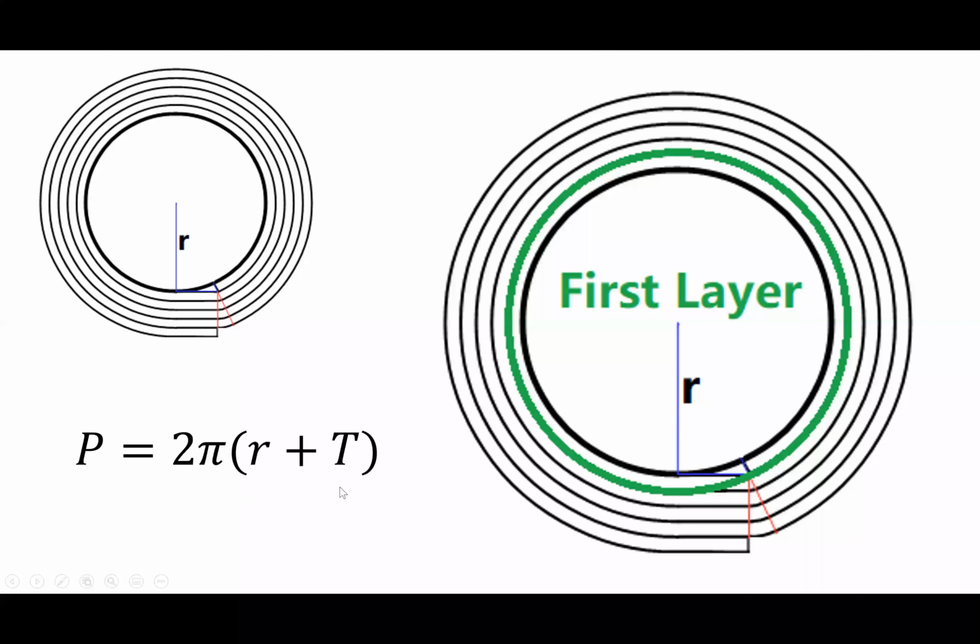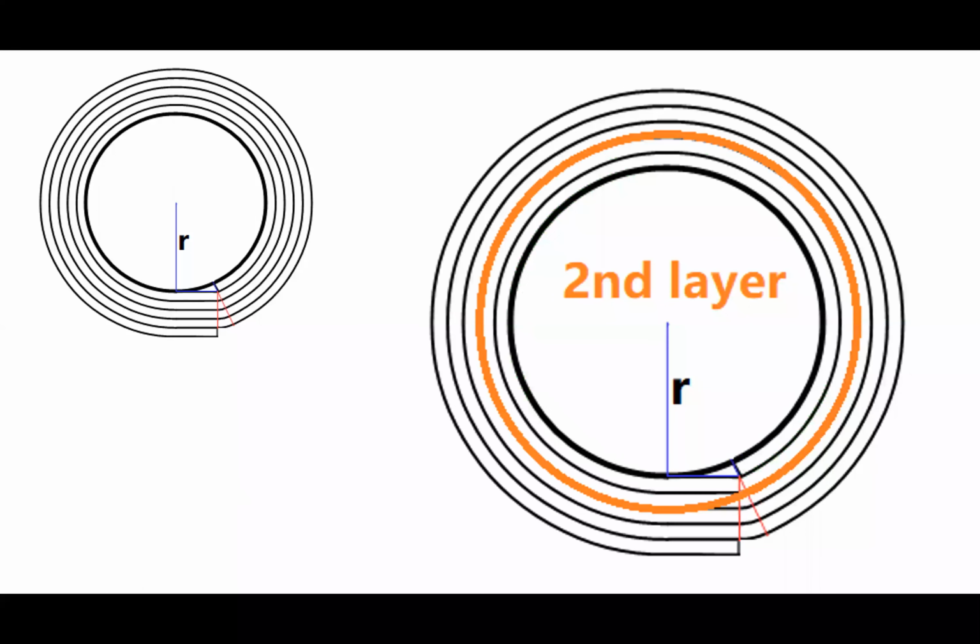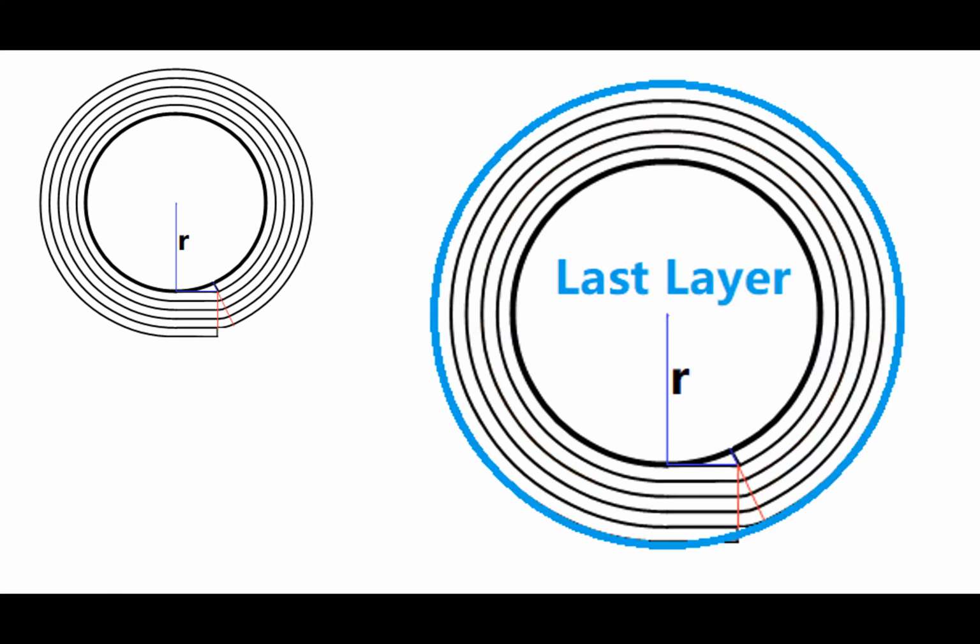If we look at our second layer, the orange circle, you can see it's from r plus 2 times the thickness. So the length of the second orange layer equals 2π(r + 2T). And the last layer will have a radius of capital R, so its length will just equal 2πR.